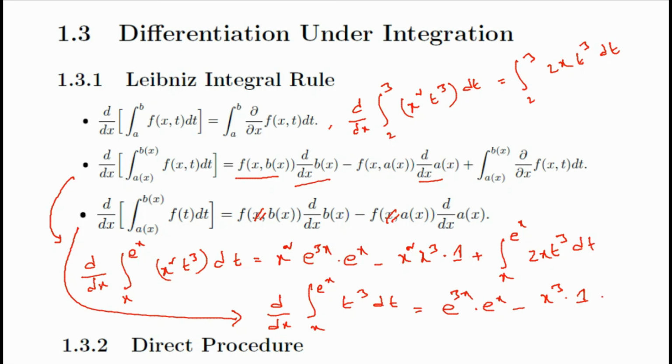For the third one, say d dx of integral x to e power x of f of t, only a function of t, so t cube dt, then according to that formula it is e power 3x into e power x minus x cube into 1. So here, for the third one we have taken f of t equal to t cube, and for the first and second ones we have taken f of x t equal to x square into t cube.